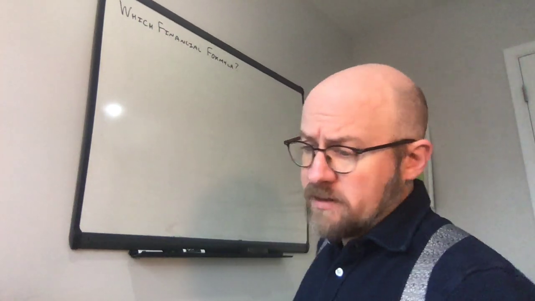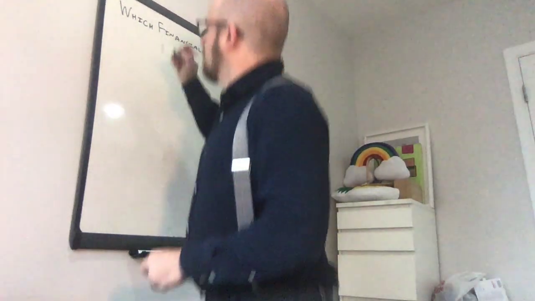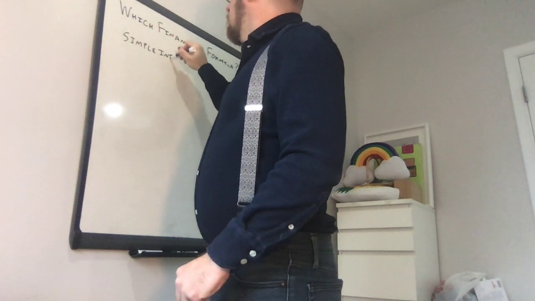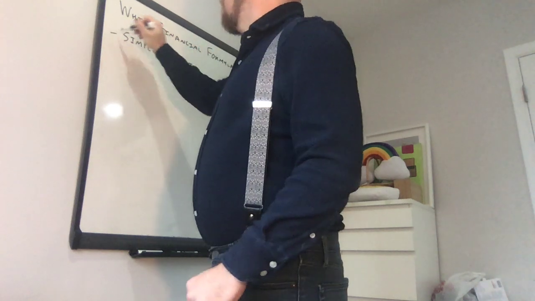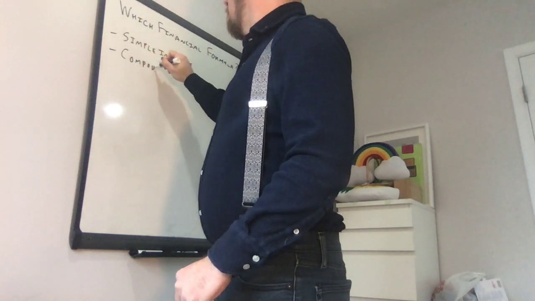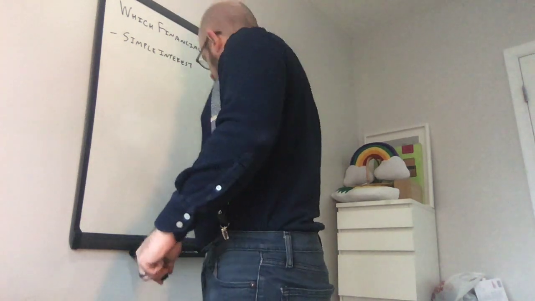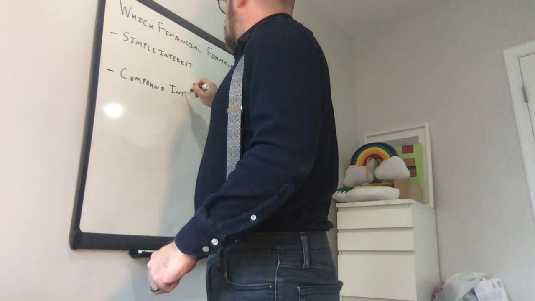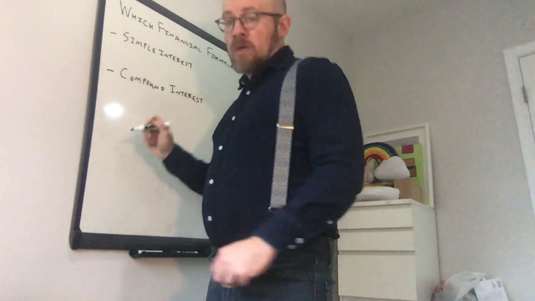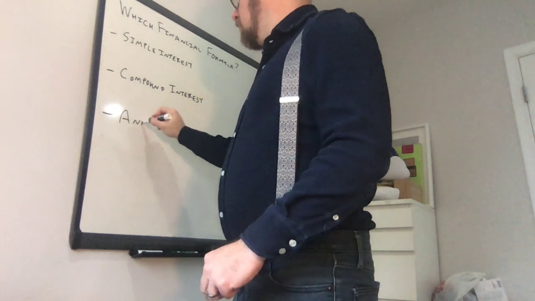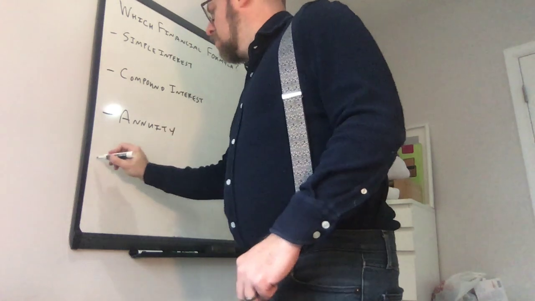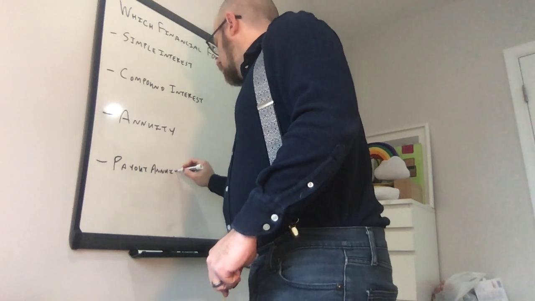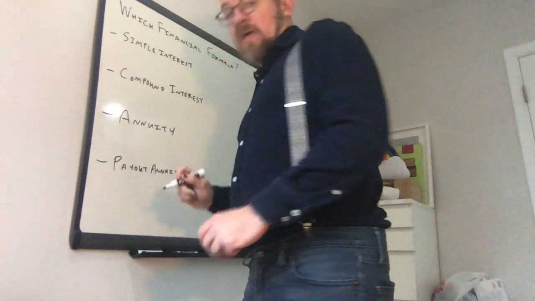We have 4 formulas that we learned: the simple interest, compound interest, the annuity, and the payout annuity / loan formula.